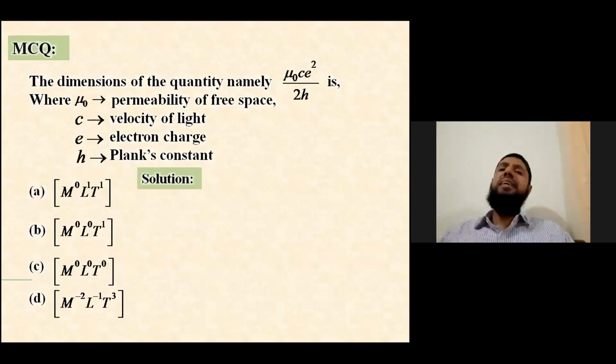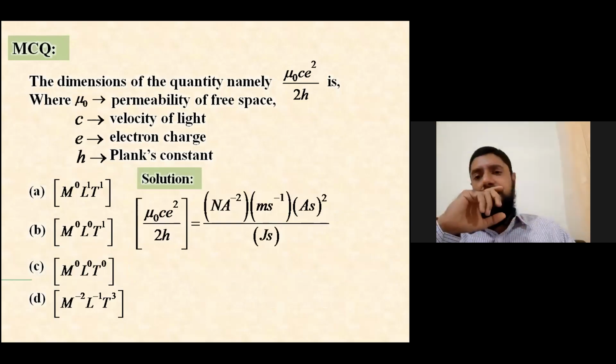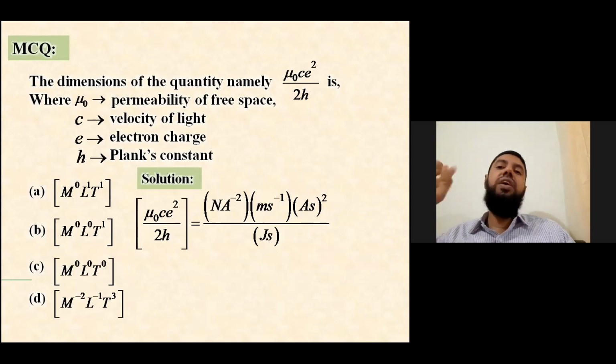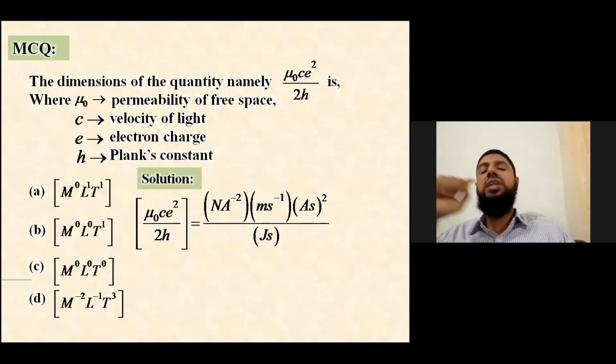Now, how to answer the same question? See, one more method is with the help of units. If we are very familiar with units, because we have so many questions on units. If you know the units: for permeability, Newton per ampere square. For velocity, meter per second.